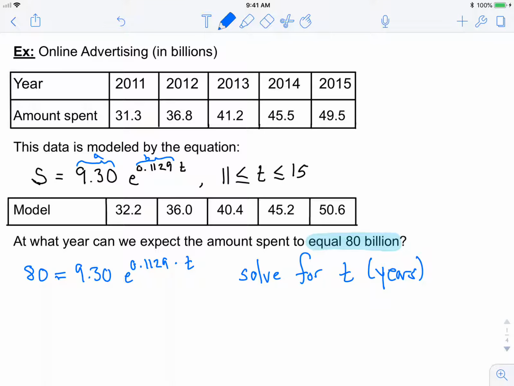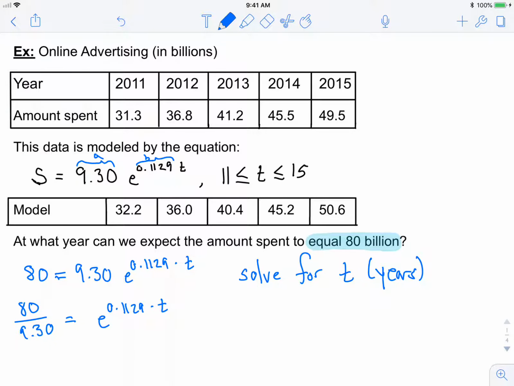Using our exponential equations, this is rather easy to solve for. You just might need a calculator to make some approximations. Okay, so the first thing we want to do is get rid of the 9.3. So we divide that to the other side. And we have 80 divided by 9.3 is equal to e to the 0.1129 times t.